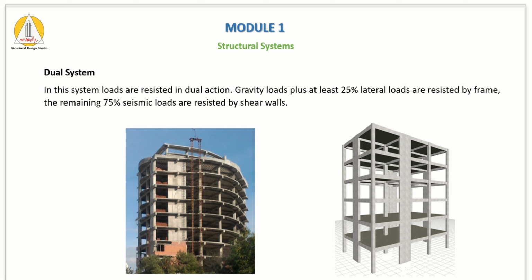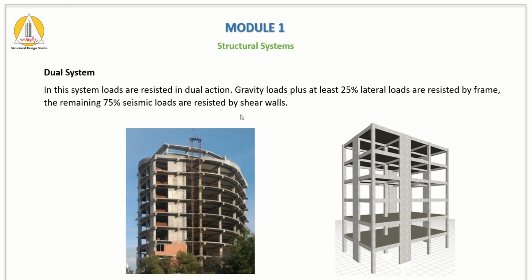The next one is the dual system. In this system, the gravity loads plus the seismic loads are resisted by the shear walls plus the frame, which consists of the beams and columns. Right. So the gravity loads plus at least 25% of the lateral loads are resisted by the frame, and the remaining 75% of seismic loads are resisted by the shear walls.